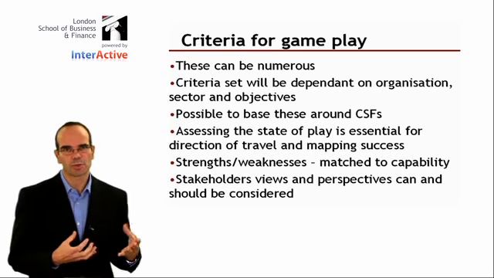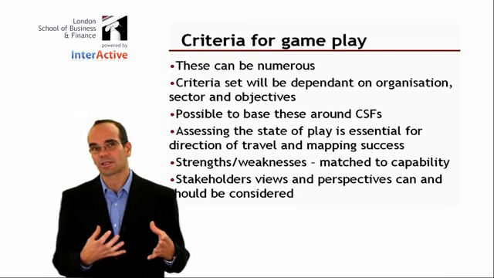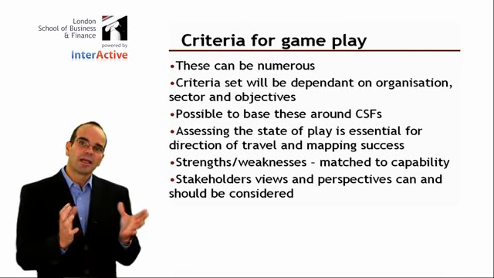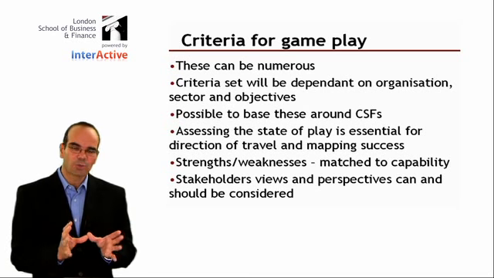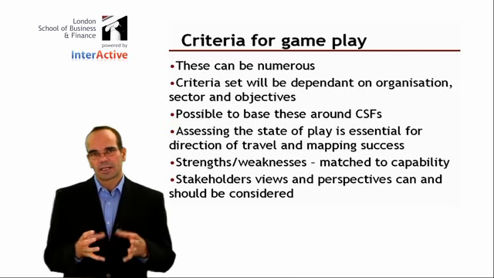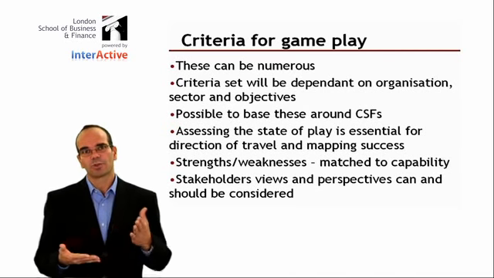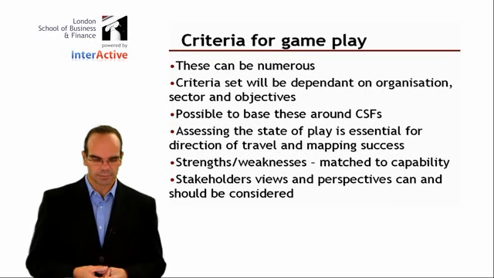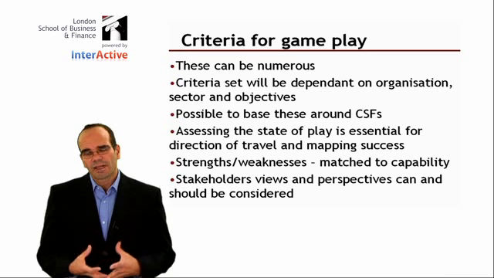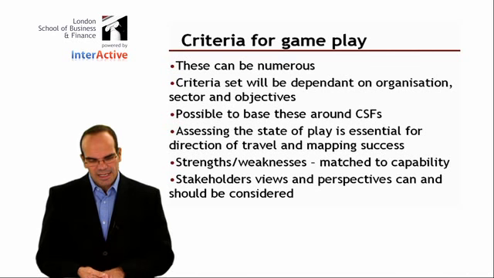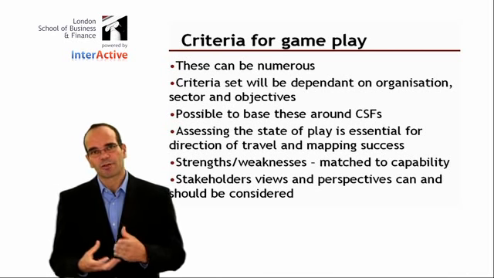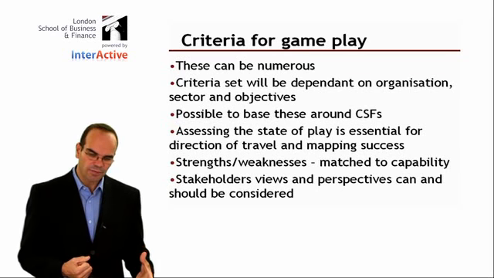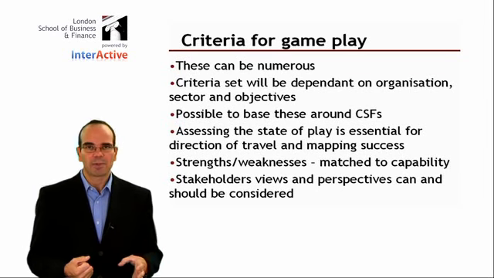In previous modules, we've looked at the external environment and how to read the external environment because that will present the opportunities for consideration. And considering those opportunities will need to be balanced against the business's capacity to execute against them. Once we've identified the opportunities that exist, it's possible to base these around critical success factors. Assessing the state of play is essential for directing of travel and mapping success.